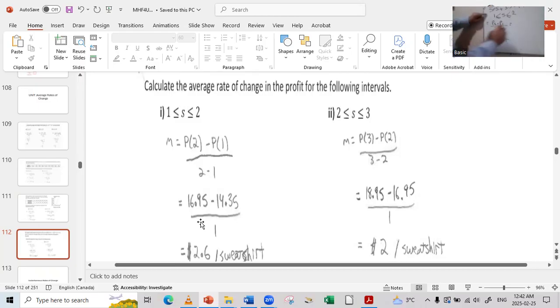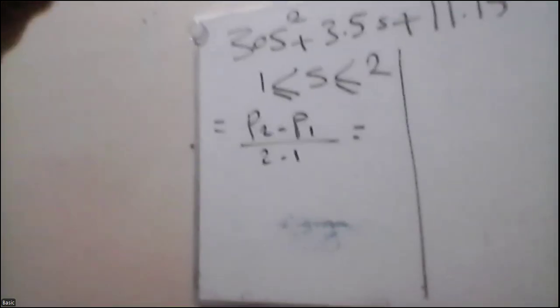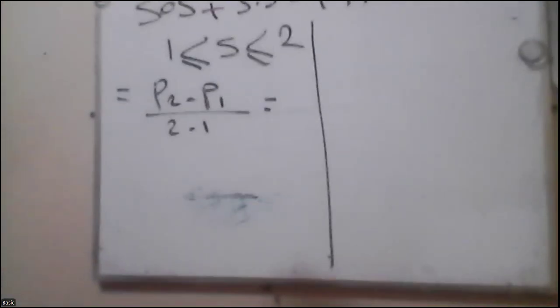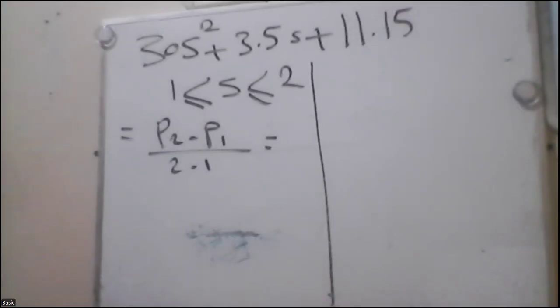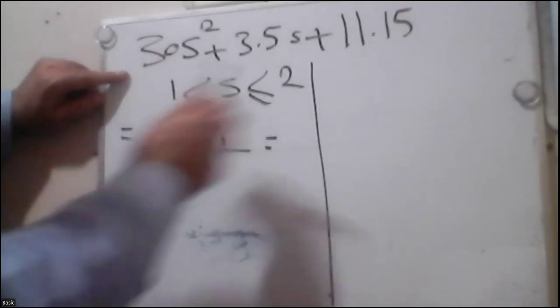Let me just stop sharing the screen. Here it is, and make it like this. So once I will substitute in this formula for S is 1 and for S is 2.